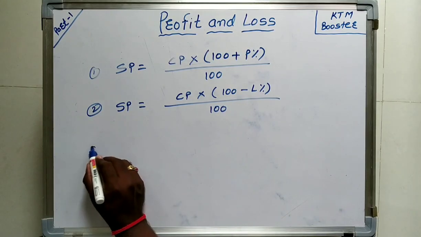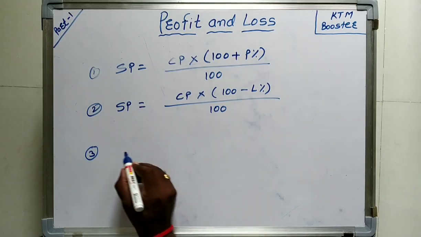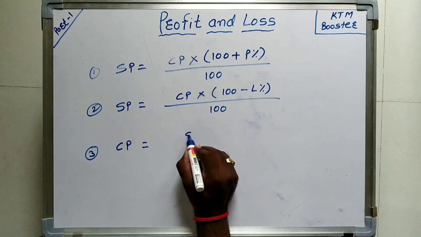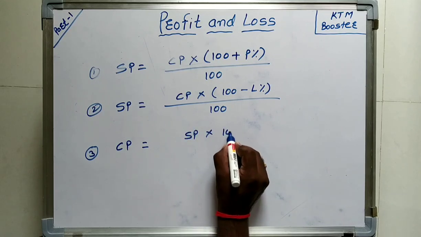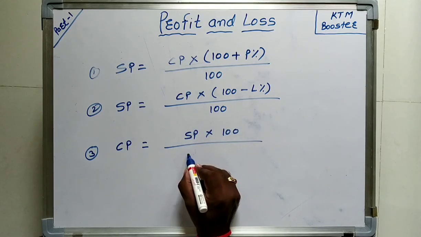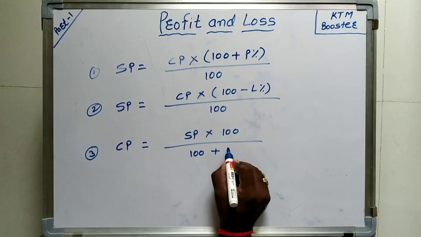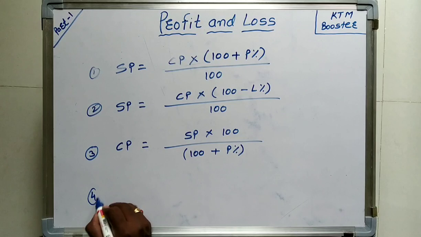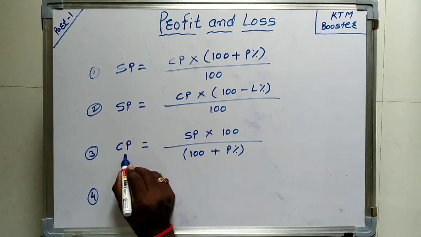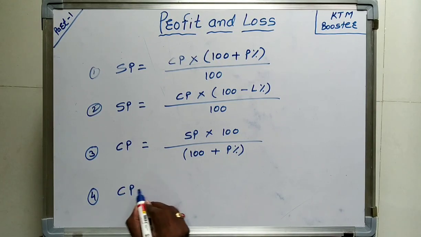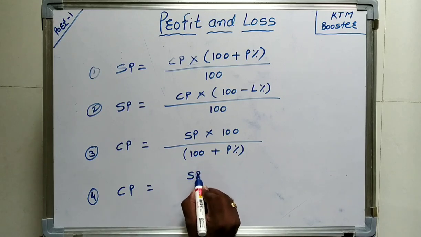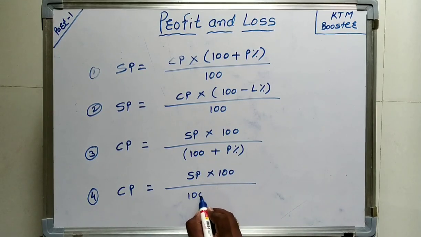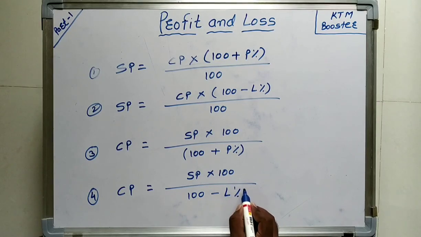Now when cost price is to be calculated, CP is equal to what? SP into 100 divided by 100 plus profit percent. Okay, and when loss percent is given, when we have to calculate cost price, at that time write CP is equal to SP into 100 divided by 100 minus loss percent.